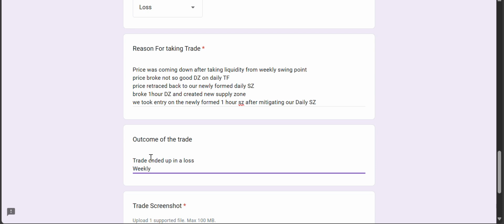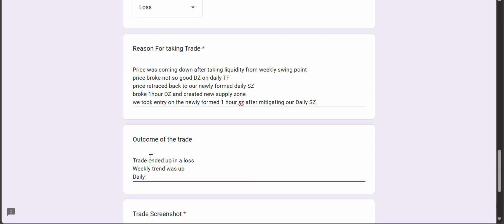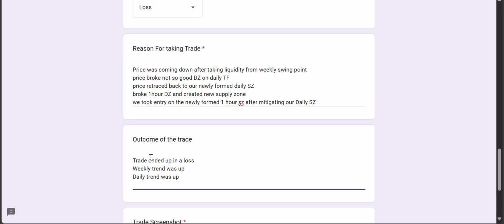Weekly trend was up, daily trend was up. No good supply zone of the high time frame was present to stop or reverse the trend. That was our fault.